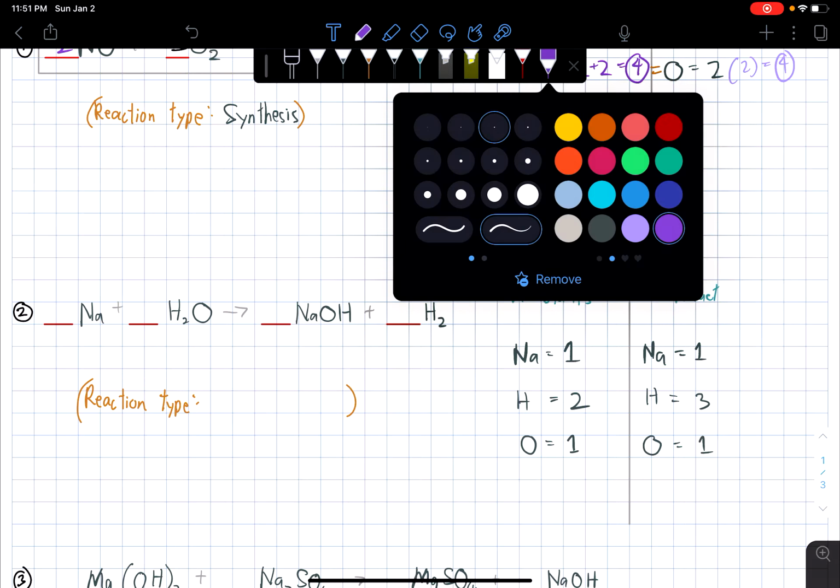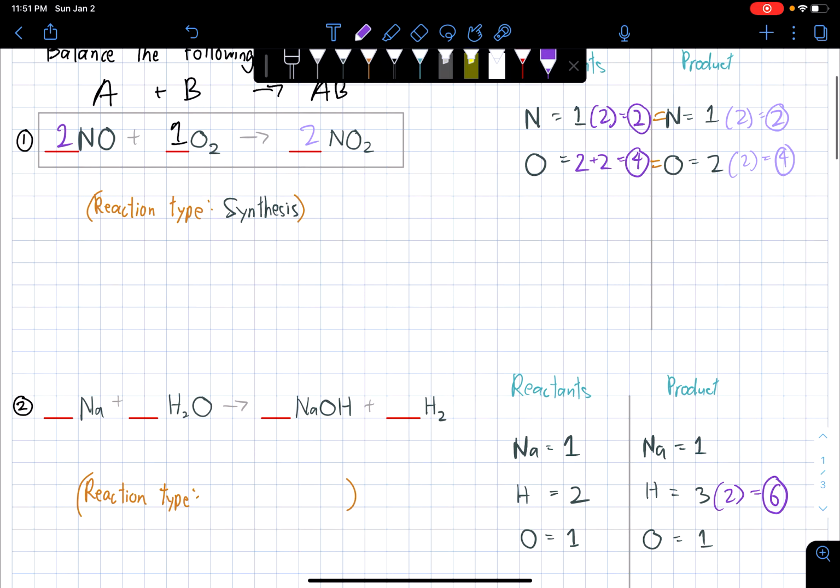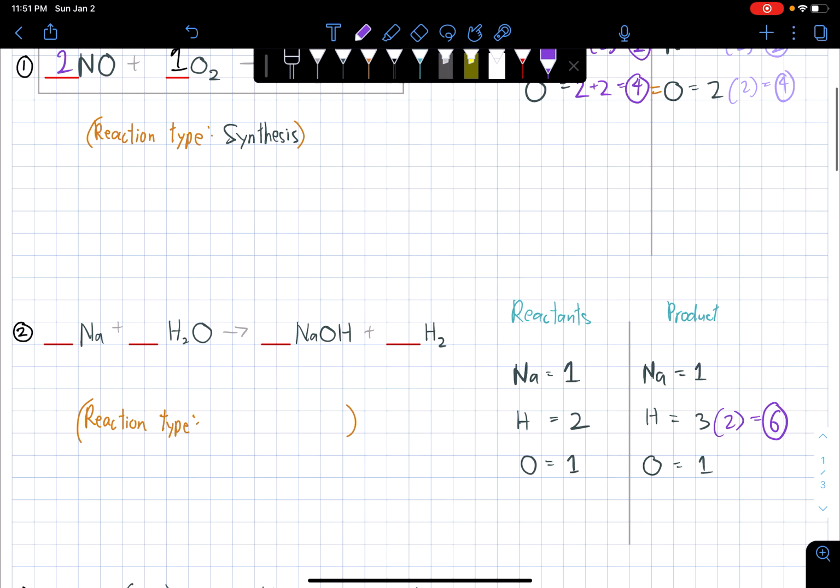So let's use our dark purple. We multiply 3 with 2, I suppose. So at the product side, I know that we do have an odd number again. So we have to eradicate that so that we could balance properly. Because in my opinion, I don't think there's any way to balance it apart from eradicating the odd number.